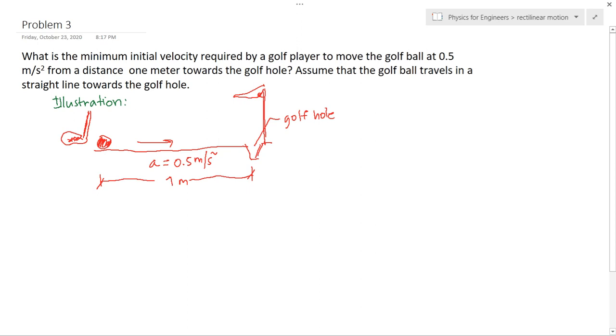So what we are looking for, since it is shot into the golf hole, therefore let's say this is final and here is initial.